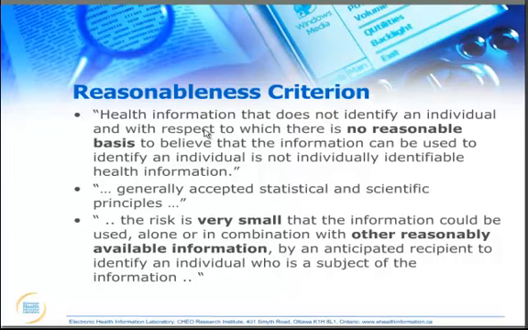I would emphasize the words no reasonable basis here because it's a reasonableness criterion. The law or the regulation doesn't require perfection. It does not require absolutes. It does not require theoretical or ideal situations.